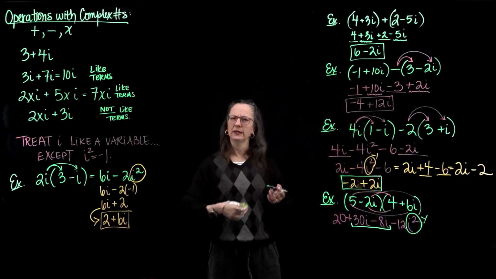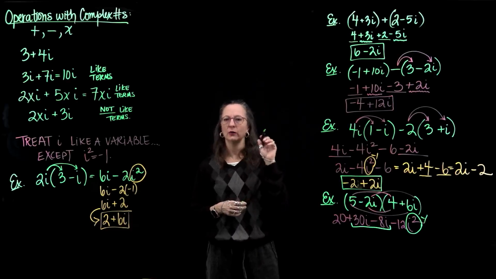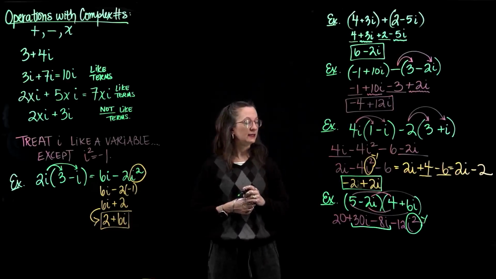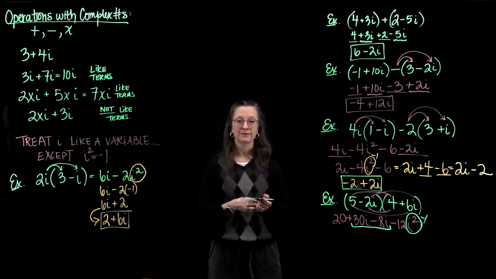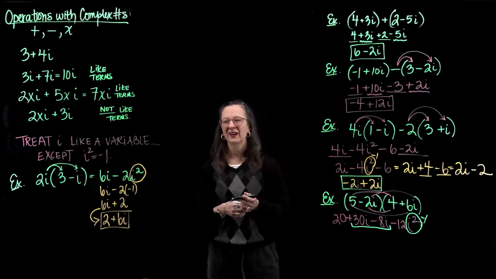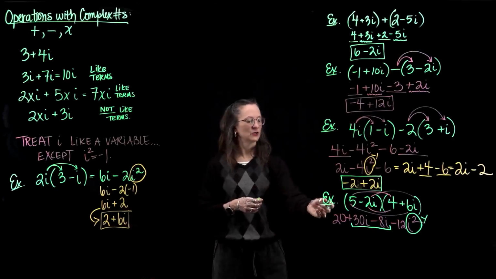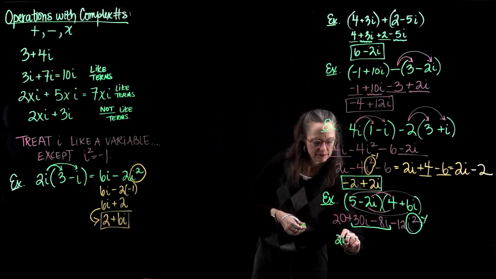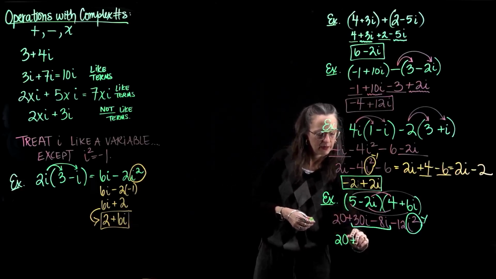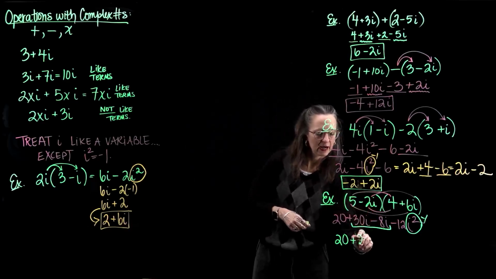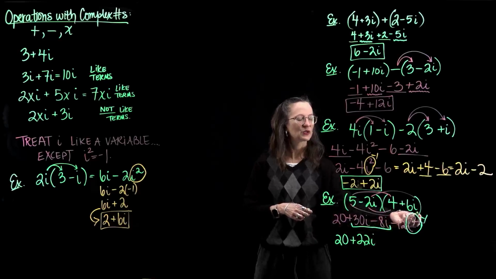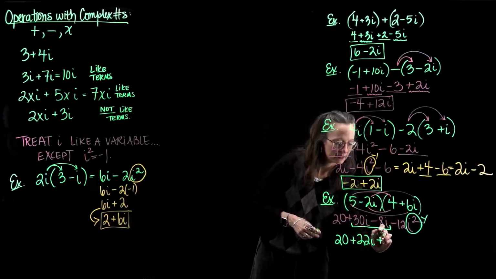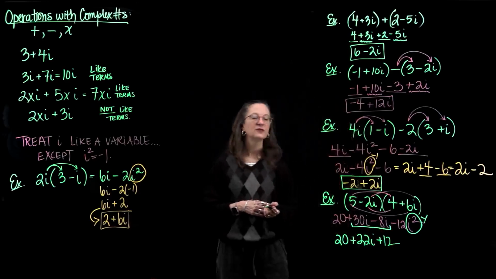And when I'm working these out, I'll just circle that i squared and write a negative 1, indicating that I'm replacing i squared with negative 1, so that when I look back at my work, I know what I did. All right, so I'm going to have 20 plus 30i minus 8i is 22i. And then I have minus 12 times minus 1 is positive 12.